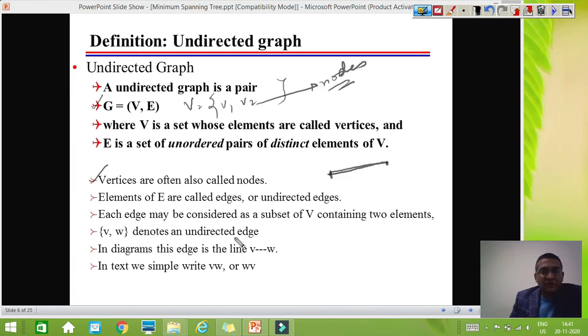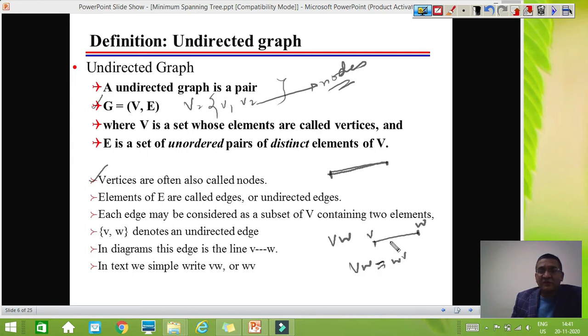VW denotes an undirected edge. So when we say VW, that means there is an edge with one end at vertex V and the other at vertex W, and there is no order associated with it. So you can write VW or WV, both have the same meaning.